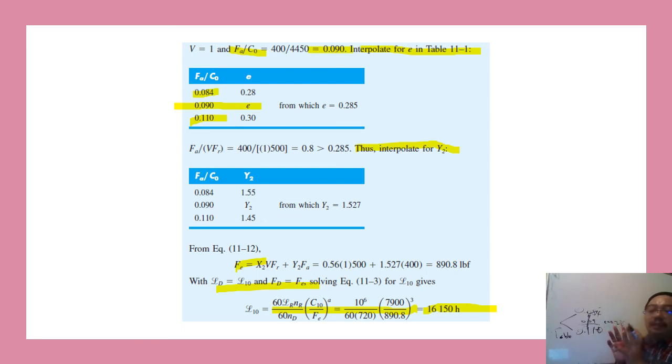You should do maintenance before that time comes. Let's say 16,000 hours is equivalent to 1 year. Before 1 year comes, you should do the maintenance, maybe change the bearing, do the proper lubrication and everything to make it last longer.